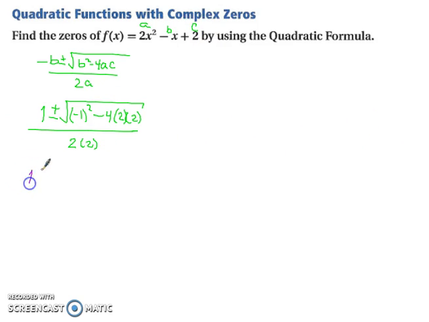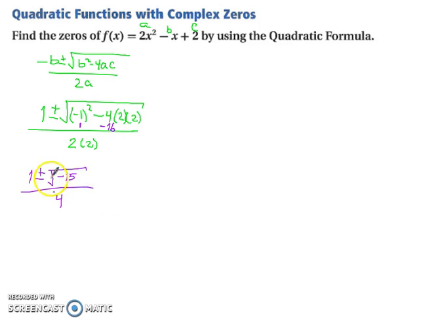So we have 1 plus or minus the square root, and we have negative 1 squared, which is simply 1, and we have negative 4 times 4, which is negative 16. So we have the square root of negative 15, all divided by 4.